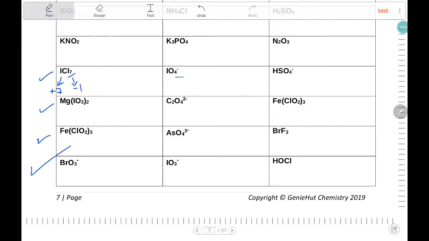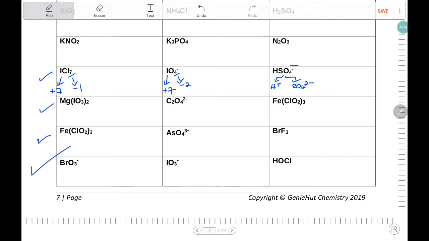Okay, moving on now, IO4-. Once again, they're both non-metals, so O being more electronegative will be -2, I would be +7. Once again, I'm just giving the answers, so if you have not tried the question, do try it before looking at the answer. For HSO4-, remember, first thing is I always split whenever I can. When I split them into its ions, SO4 we know is always 2-, and to balance the charge such that the overall becomes a minus charge, H has to be +. Just be very careful here.